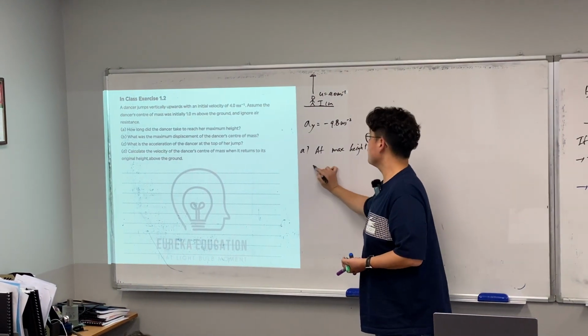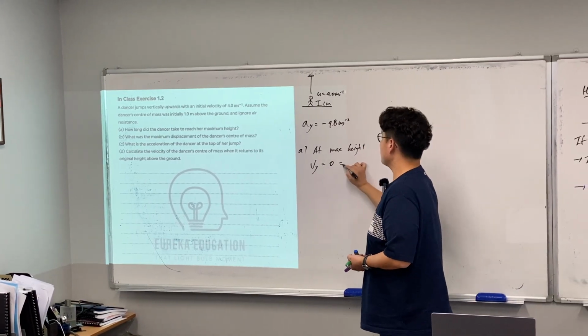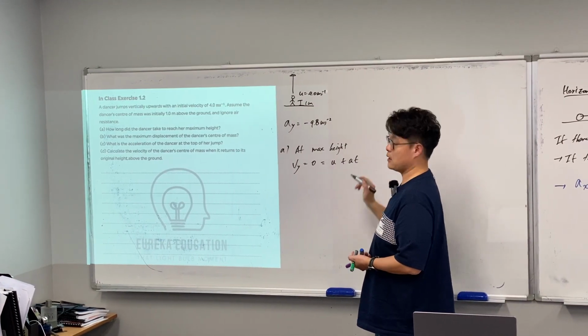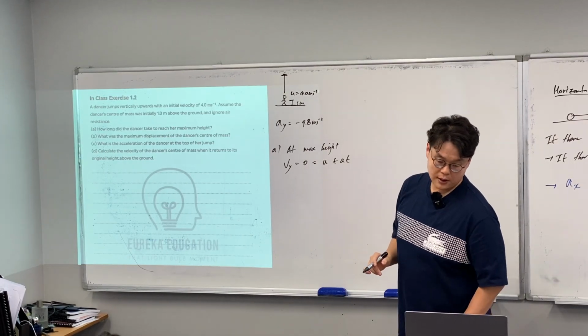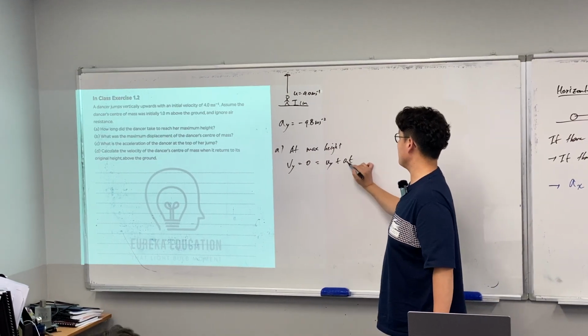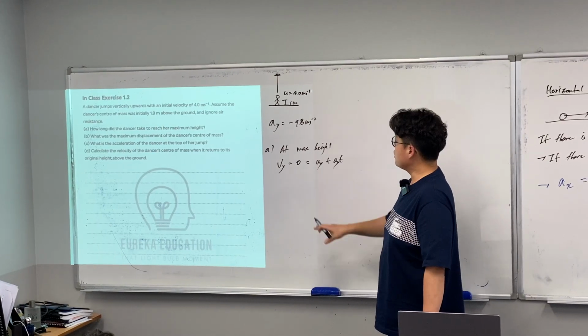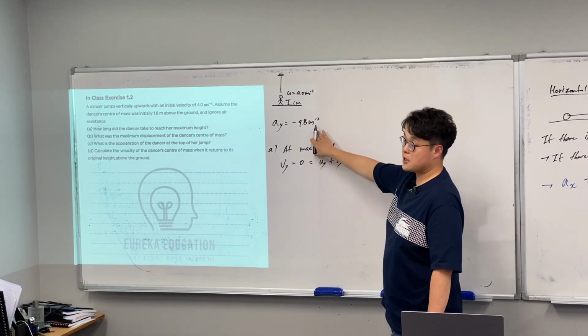What we know is the final velocity in y would be 0. This comes from v equals u plus at, from the motion equations that we learned not today, sorry, many months ago. So v_y and a_y go together like this. We know u_y is 4 and a_y is minus 9.8.